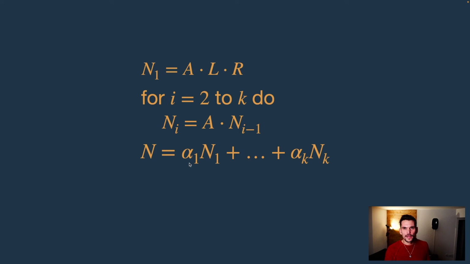And we also add a factor to each of the matrices so that we can basically set the strength for each of the steps individually. And these parameters we can also cross-validate.